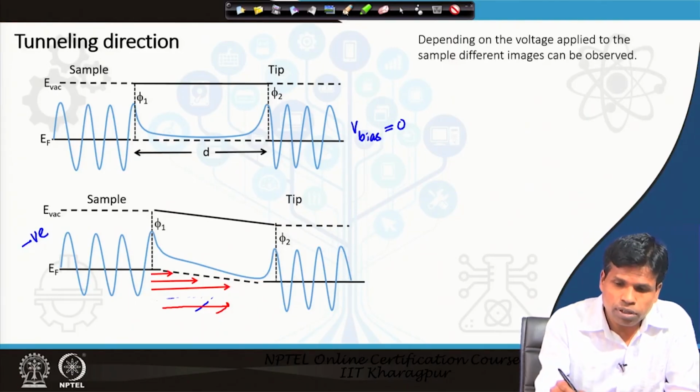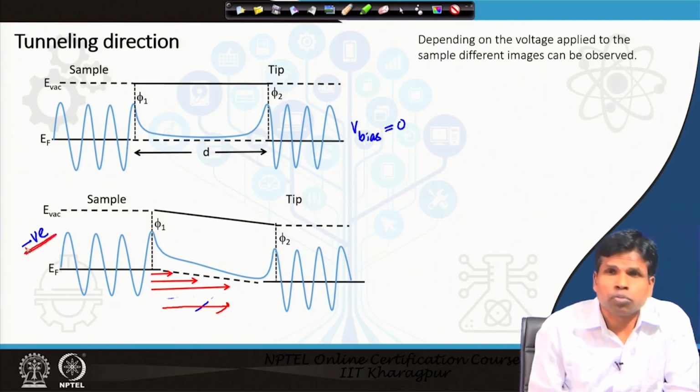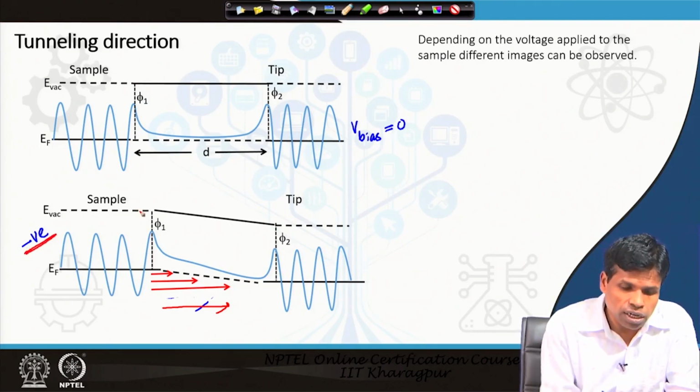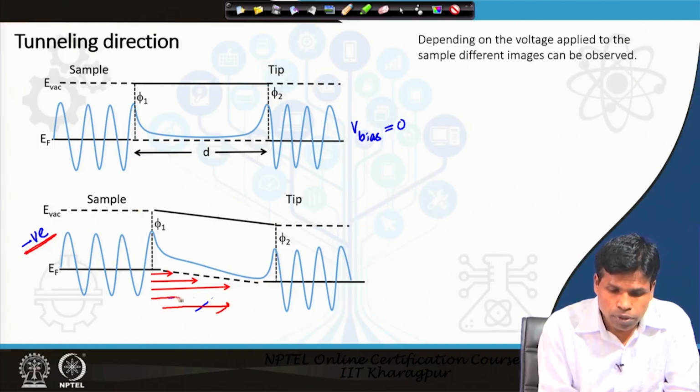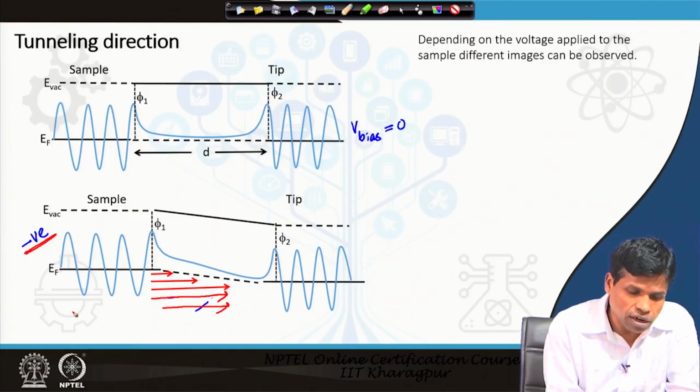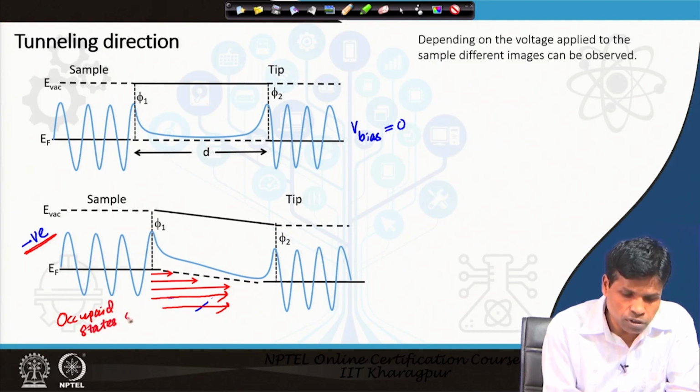If we apply a negative potential to the sample, electrons will tunnel from the sample to the tip, providing information on the occupied electronic states of the sample.